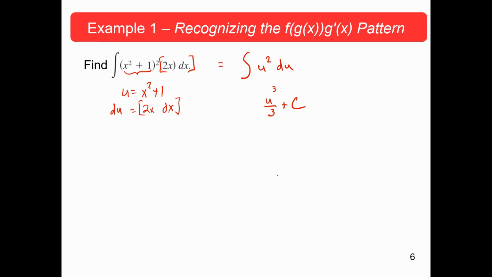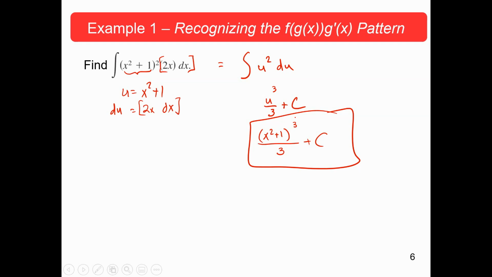But u is just x squared plus 1, so this is (x squared plus 1) cubed over 3 plus C. This method of change of variable is probably the most powerful tool that you're going to use when you do integration for the rest of your mathematical career. U-sub is by far the most commonly used method of integration.